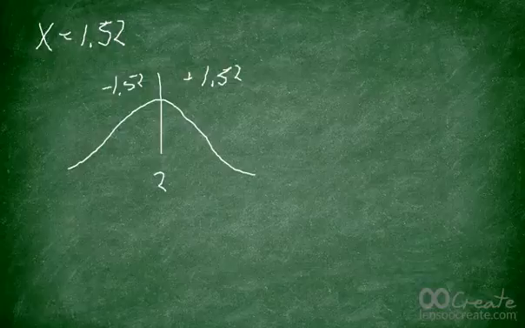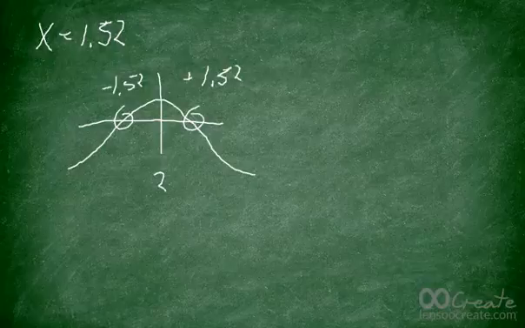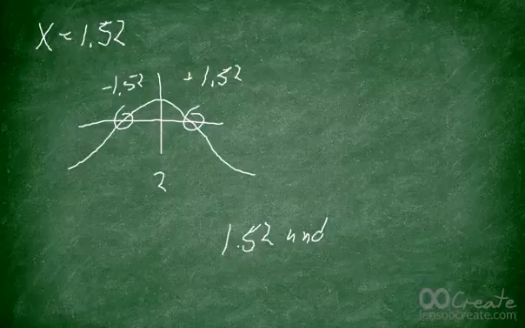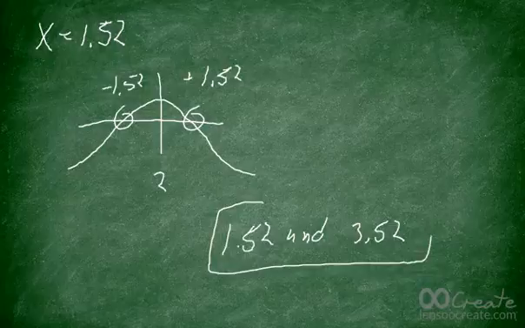So the 1.52 is going to be this point already, so we just need to find this one. So 2 and 5.68. Now we did it wrong on there. So these two values are the values that we need to find in part B, and that's it.